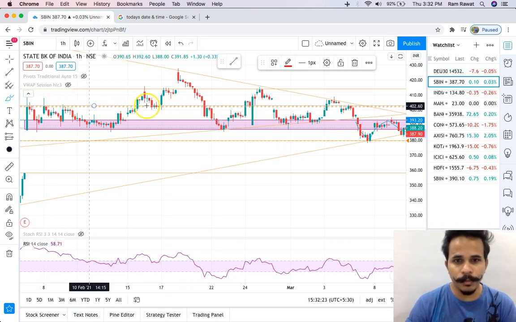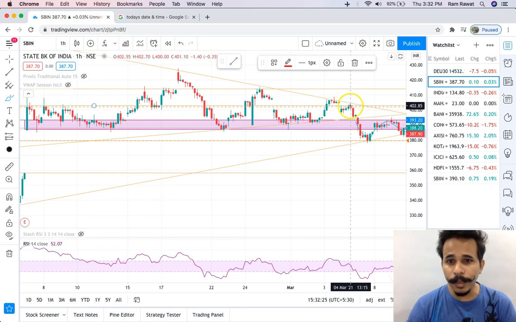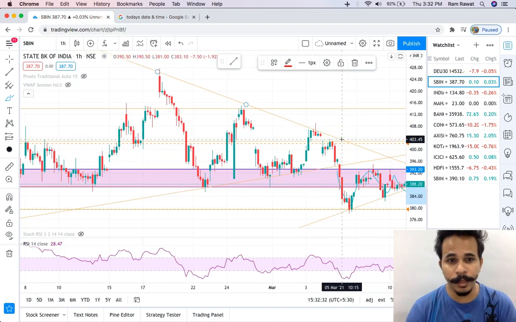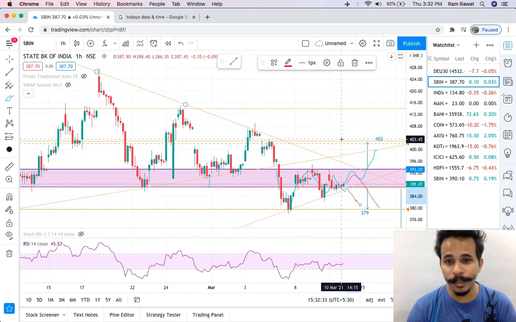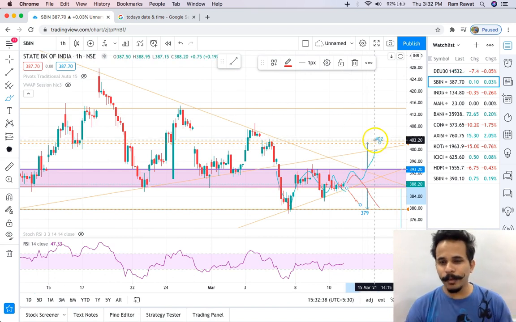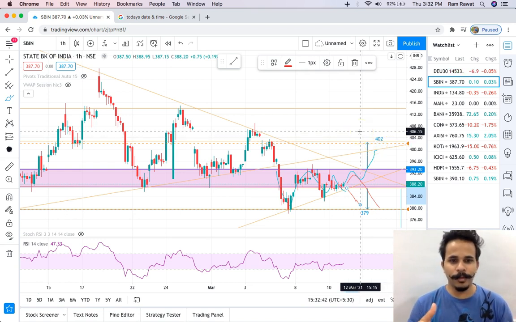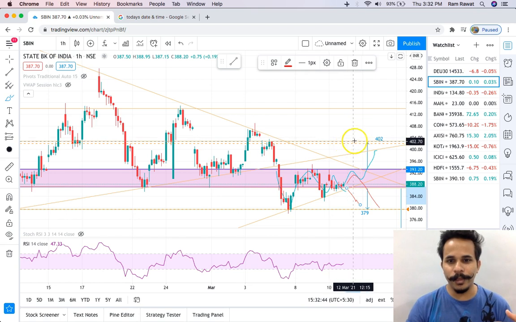This particular resistance has been hit 3-4 times in the last 30-40 days. So I think this is a good target. The number can be 401, 403, because it will depend on where I put my line.